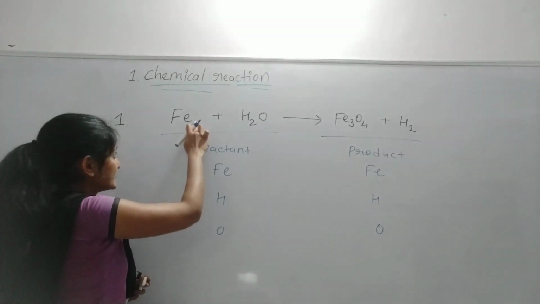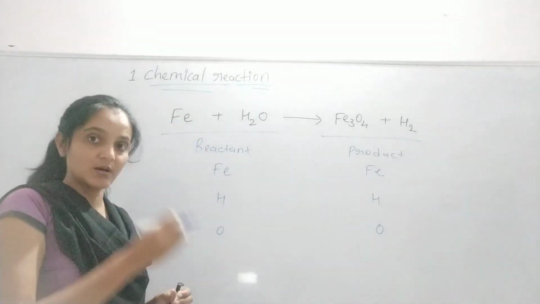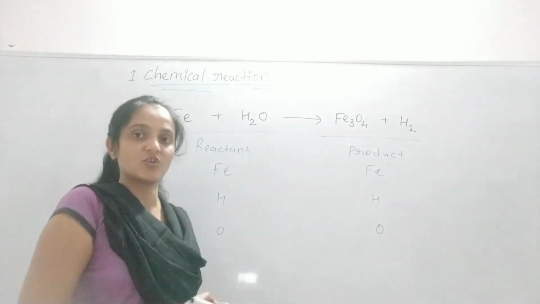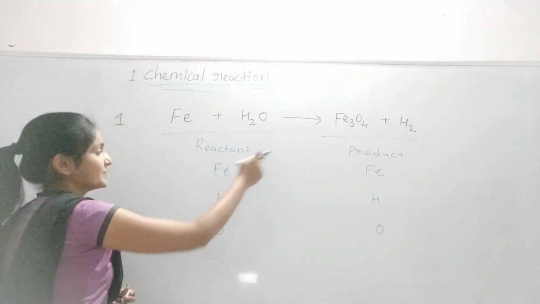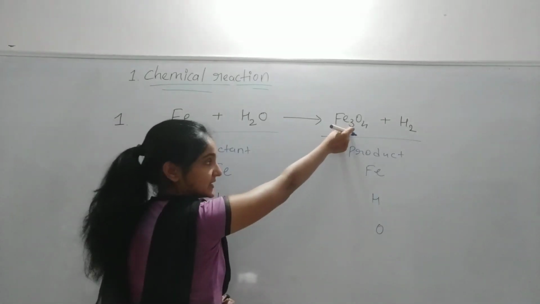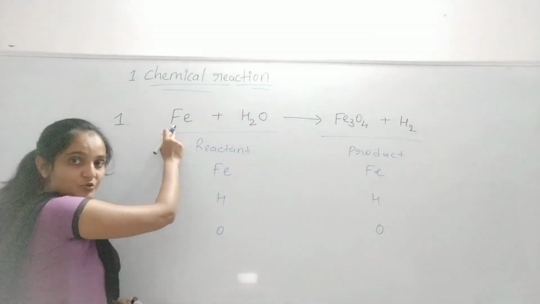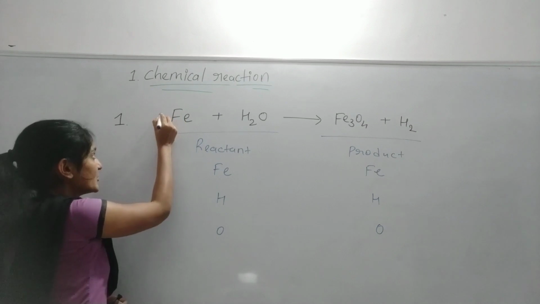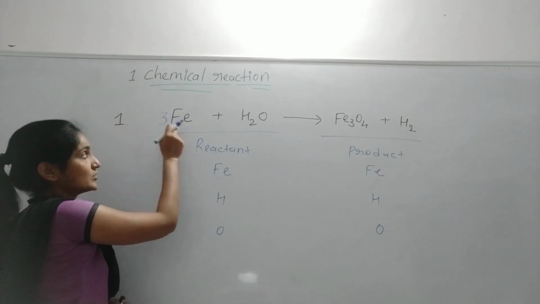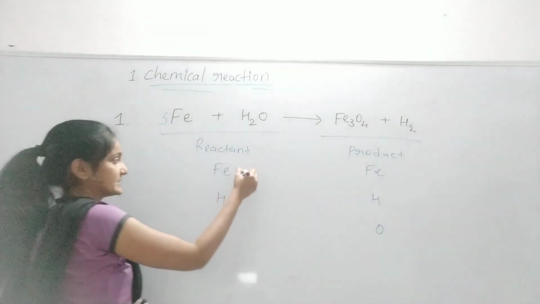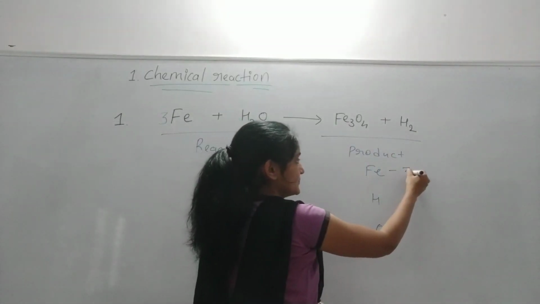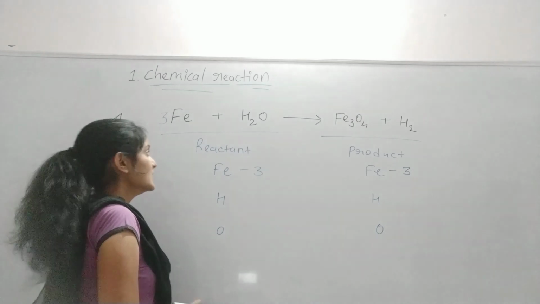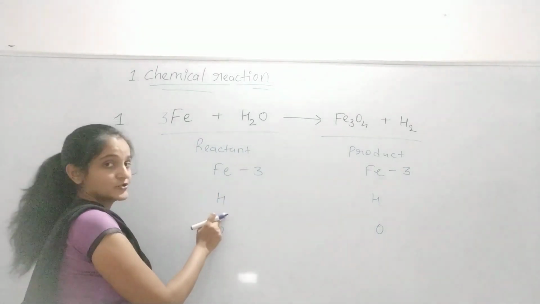But you can always put a number or digit in front of the atom or compound to balance any reaction, right? So here there are 3 ferrous atoms. It means here also I have to make it 3. So here I am going to put 3. So the number of ferrous atoms in the reactant is 3, as well as the number of ferrous atoms in the product is also 3. Okay. Now let's move to the hydrogen.